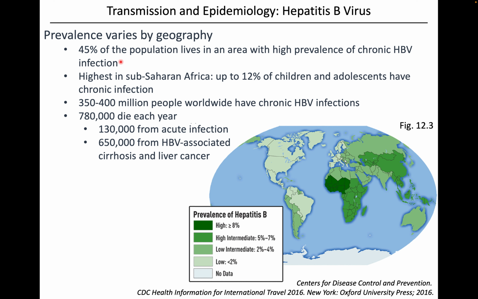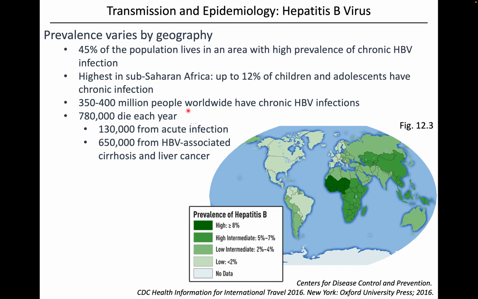So almost half of the world's population lives in an area where there is high prevalence of chronic Hep B infections. And as I mentioned, and as we saw in the previous map, this is most significant in sub-Saharan Africa here, but really throughout Africa and good chunks of Asia here.